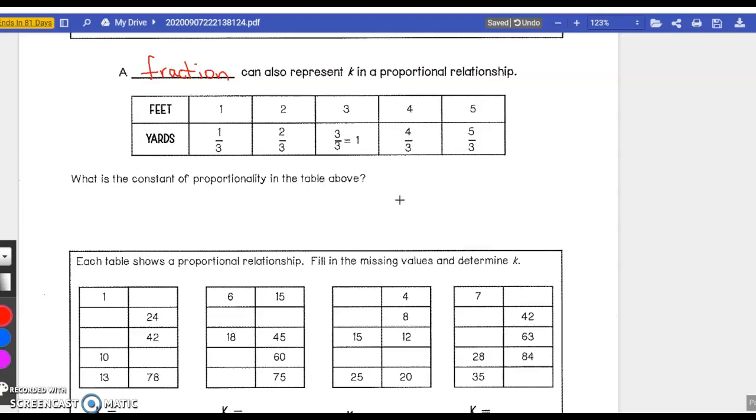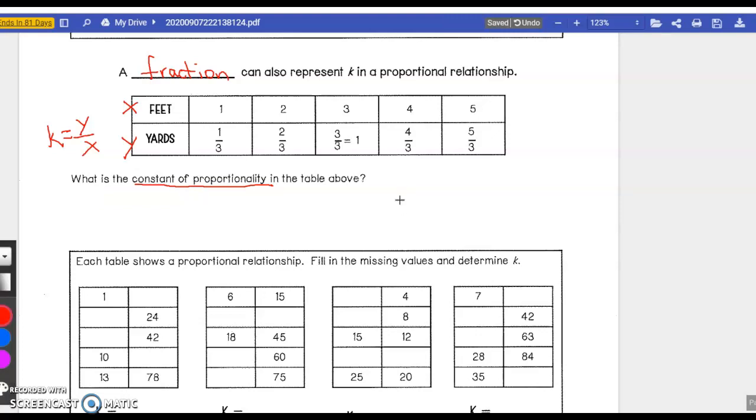You don't. This is your x column, this is your y. If you want to find the constant of proportionality, your k, you take your y and you divide it by x. It doesn't say your y as long as it's not a fraction. It just says whatever your y is divided by your x.